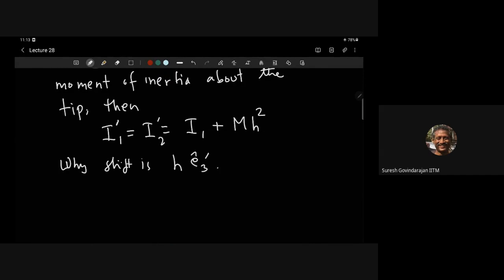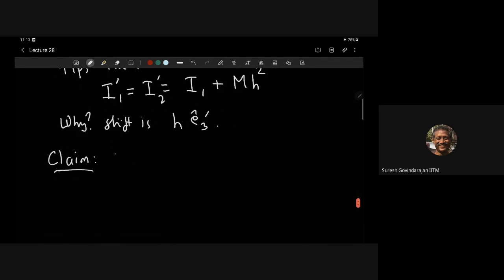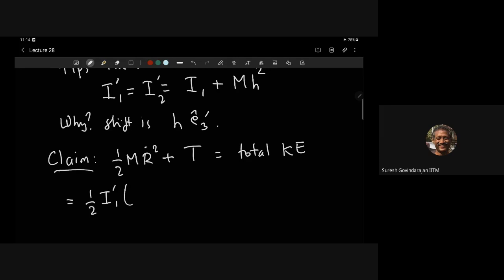So all we have to do is the following claim. We saw that one half M r dot squared plus T should be equal to the total kinetic energy, including the motion of this point. The claim is that this is equal to half I1 prime times whatever we wrote earlier, but with I1 replaced with I1 prime.